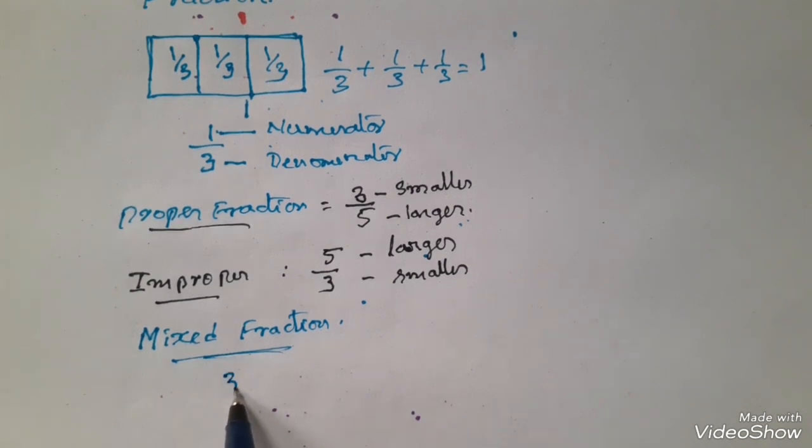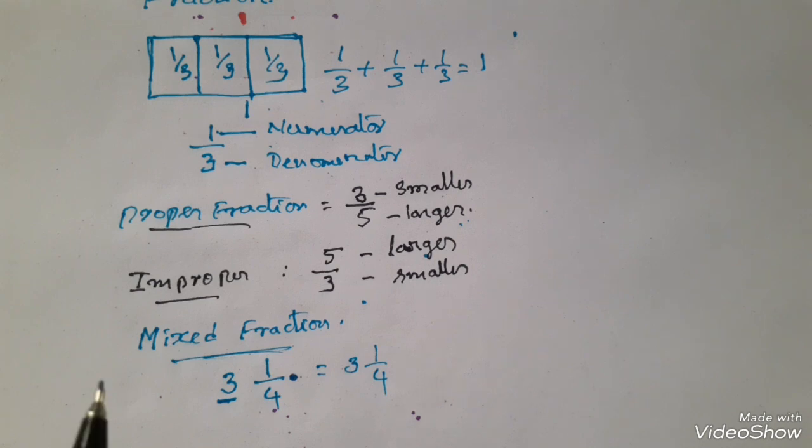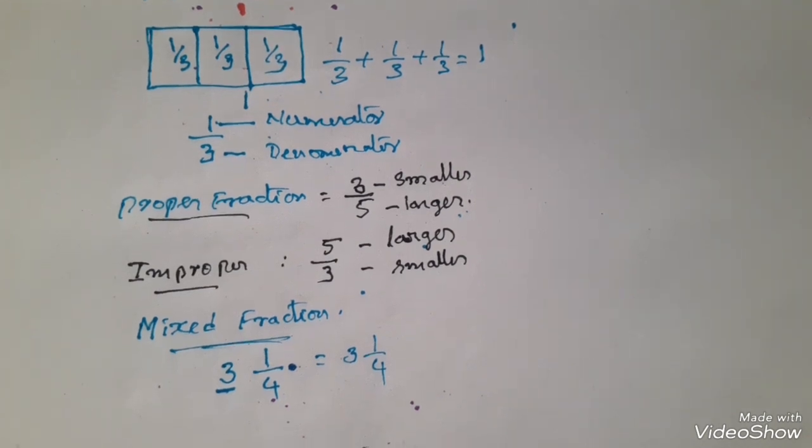Suppose 3 and 1 by 4. This is a mixed fraction. So 3 is an integer, 1 by 4 is a proper fraction. Together we say mixed fraction. So these are the 3 different types of fractions.